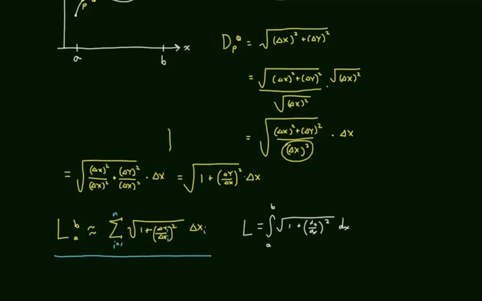Of course, I really wanted to add over the interval A to B. So here it is. The length is equal to the infinite sum of little itty bitty line segments. The end.